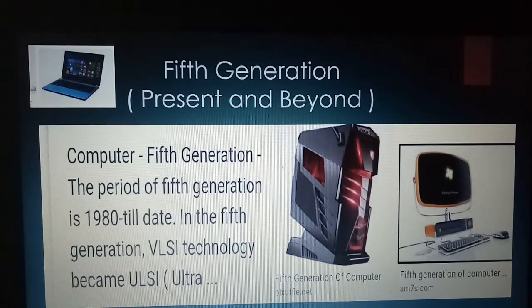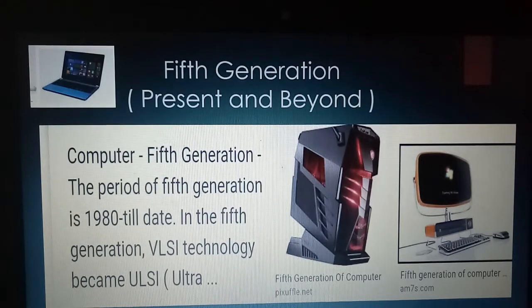Now, the fifth generation computers were based on artificial intelligence. So today's computers are becoming artificial intelligence. As you touch, it has a sensor, and your mobile or your computer switches on.